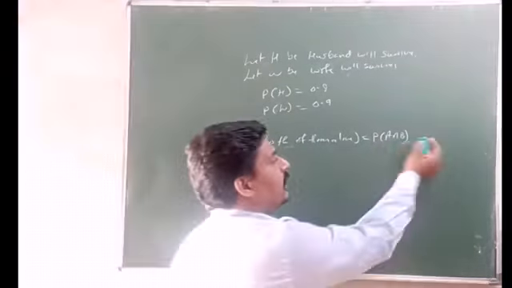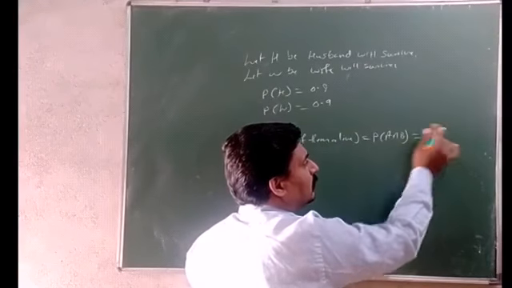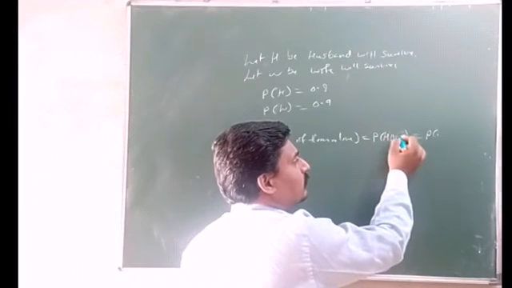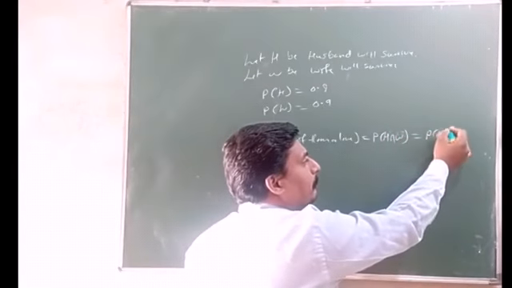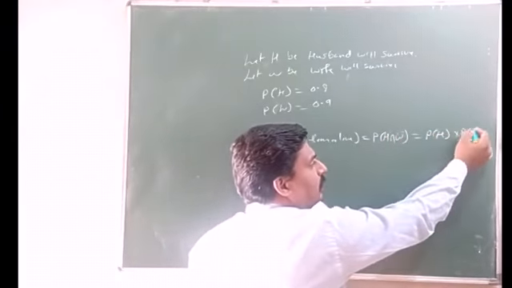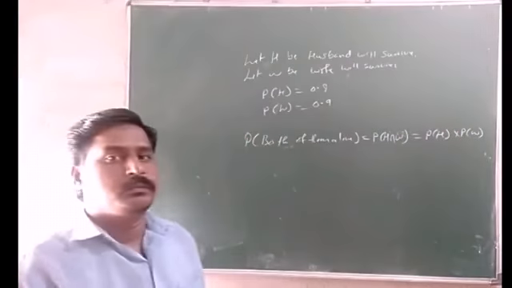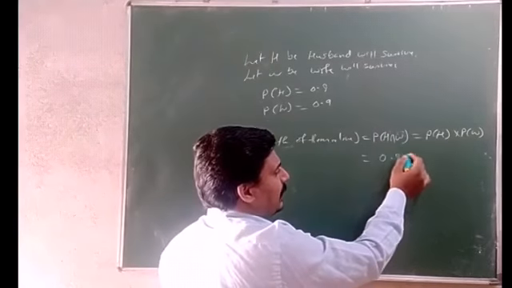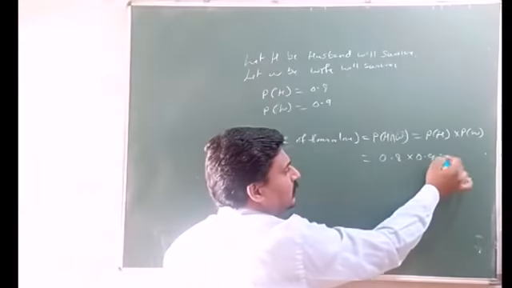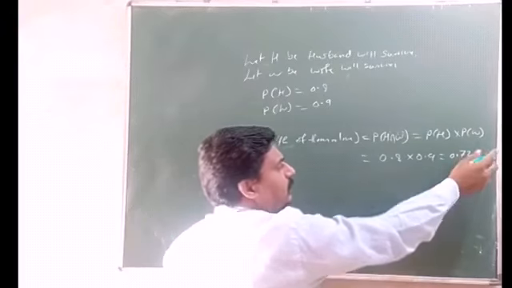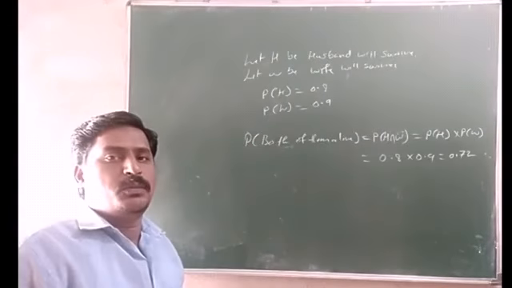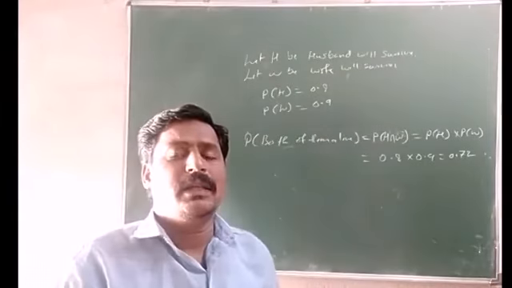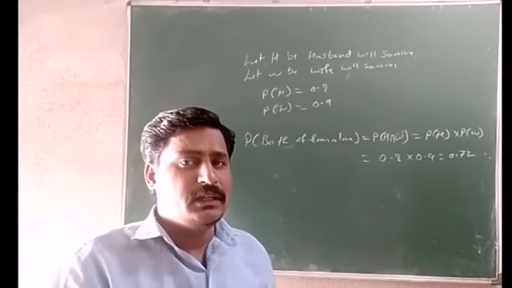So P of A intersection B, that is the husband intersection wife, is P of H into P of W. So both of them alive is 0.8 into 0.9, which is equal to 0.72. So this is the multiplication theorem for two independent events.